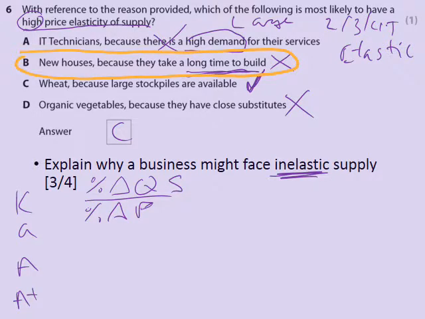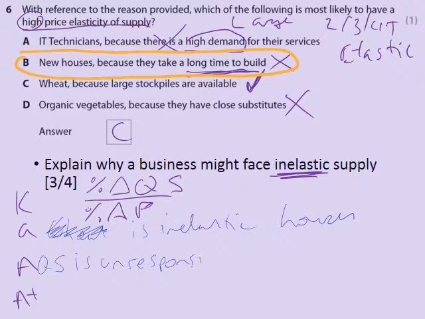So if we use this one, then we can say that, sorry, not wheat, houses are inelastic. So we've got our application. And then to explain that, we want to say that the supply of houses, or the quantity supplied, is unresponsive to a change in price.